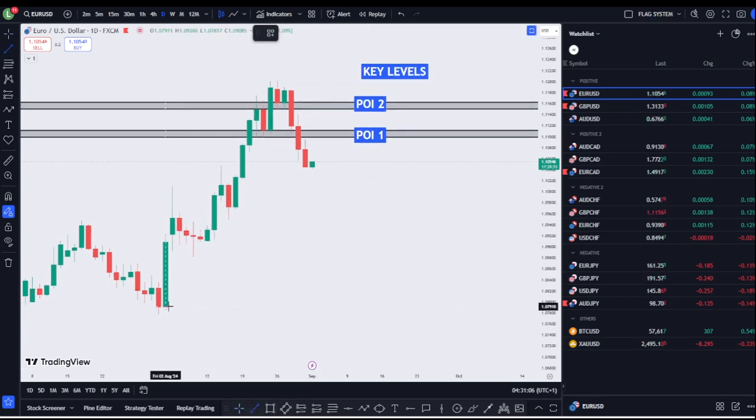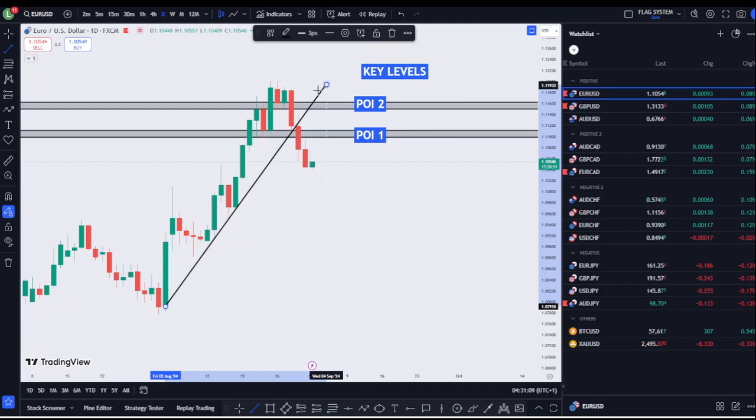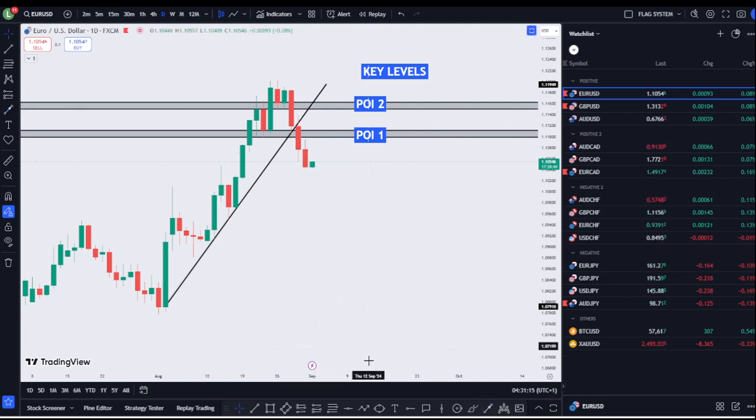And if you establish uptrend line on this market, you agree with me that this long-term uptrend line has been invalidated. Now we are having trend line breakout around this zone here.